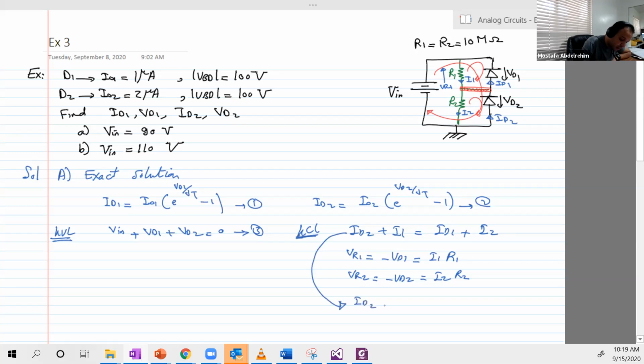So this KCL equation can be written in that way: ID2 plus I1, where I1 is equal to minus VD1 over R1, equals ID1 plus I2, where I2 is equal to, from this equation here, VD2 over R2.